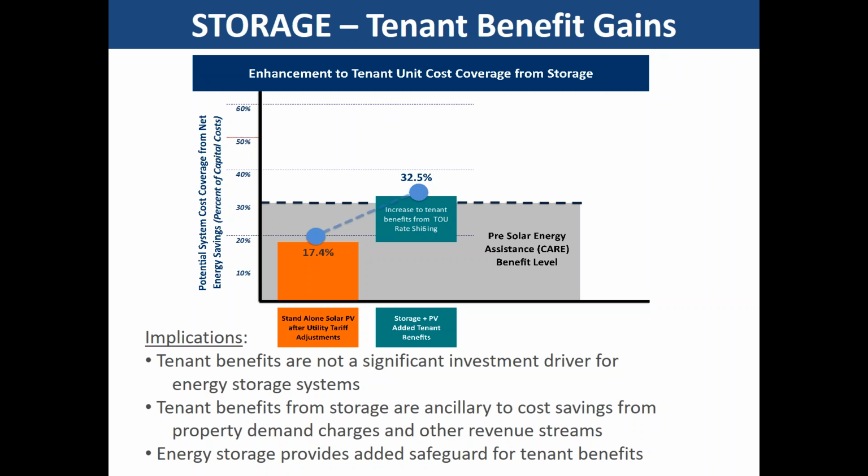While this may be an optimistic forecast, and more work needs to be done to validate this at other properties, this chart illustrates the potential role that solar can have in protecting tenant benefit levels.